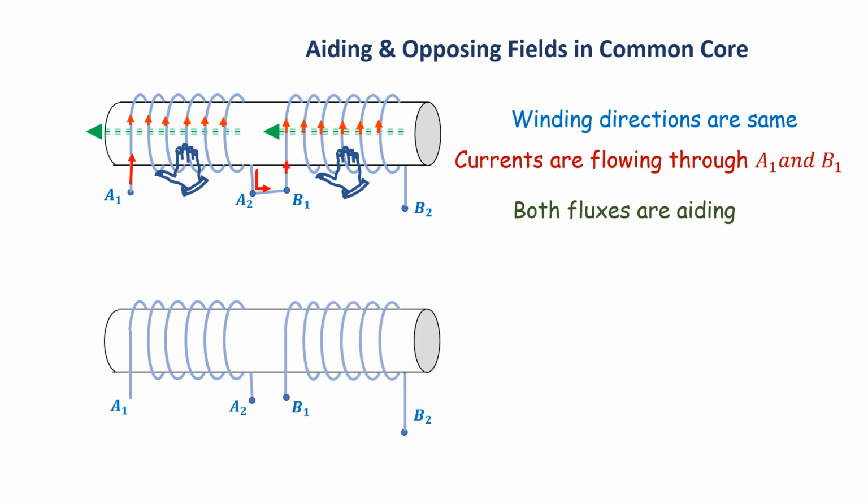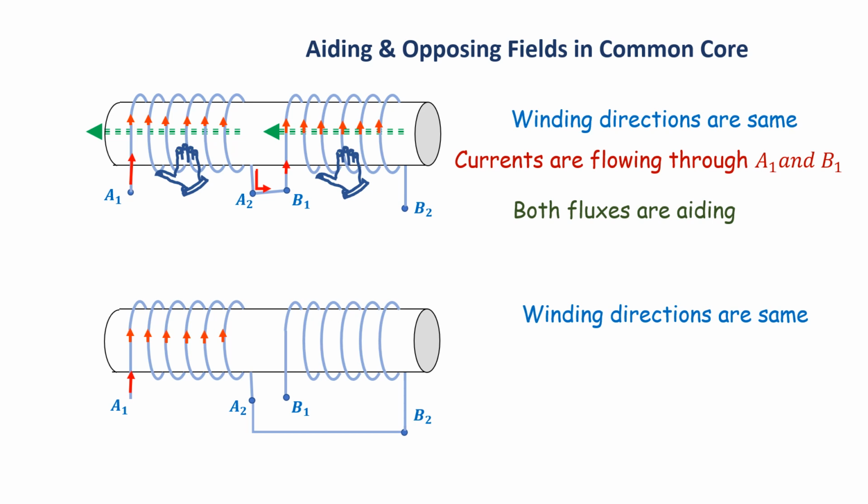Let us look into this figure where again two coils are wound on the same core. Winding directions are same. Both coils are wound from front to back. Now we will connect the end point A2 to the end point B2. A2 and B2 are connected now. Pass the current from A1.